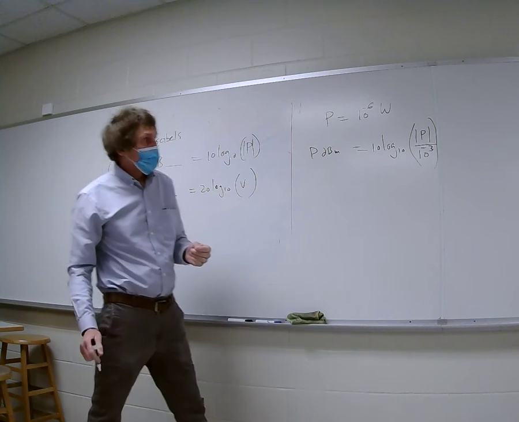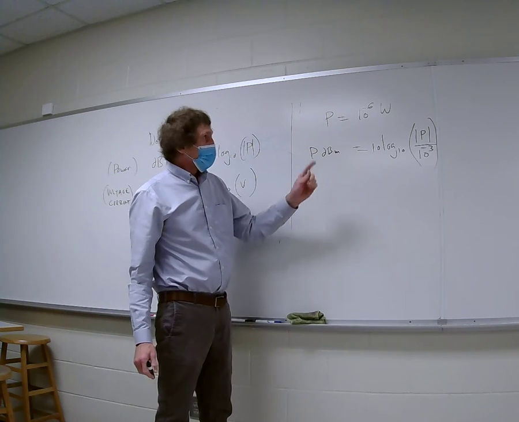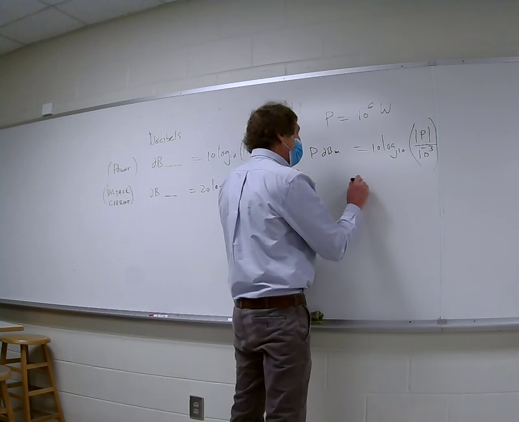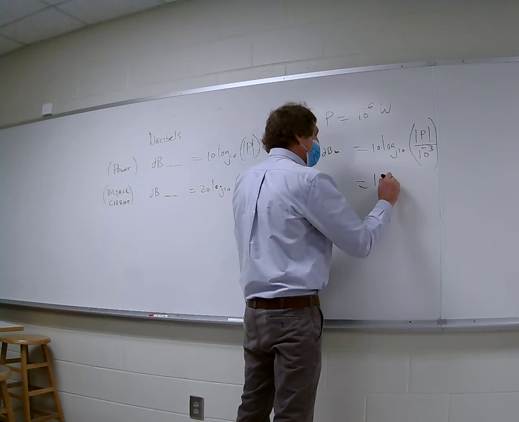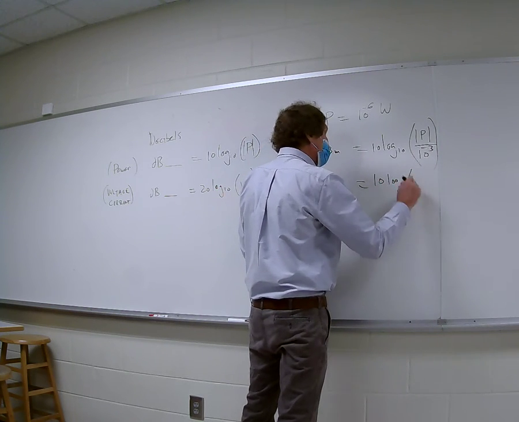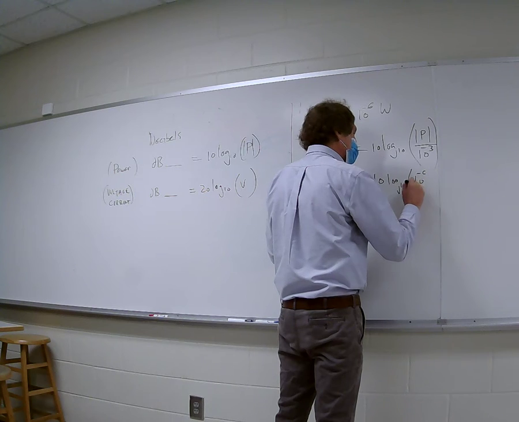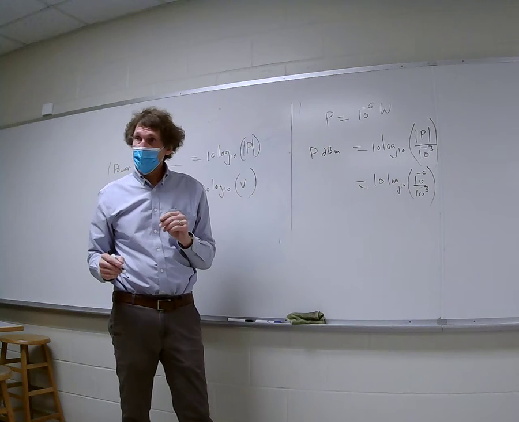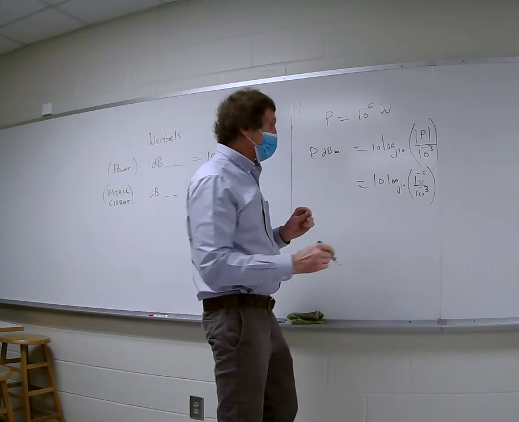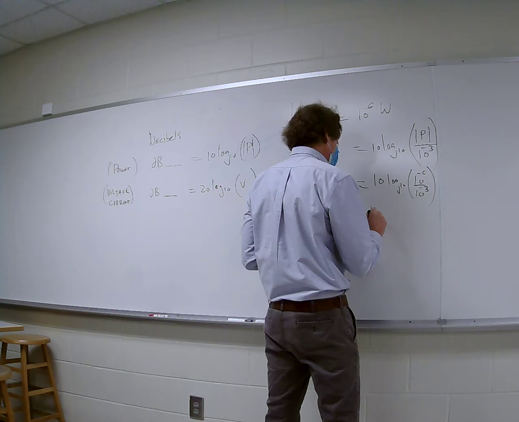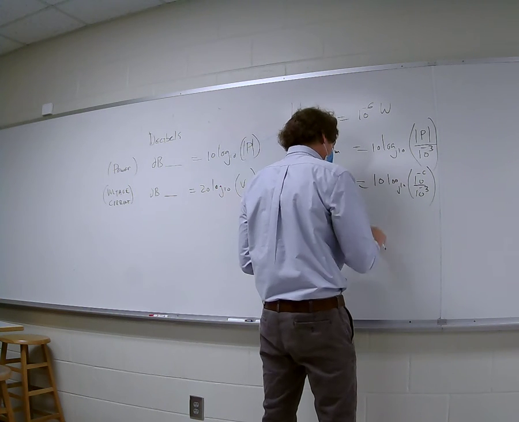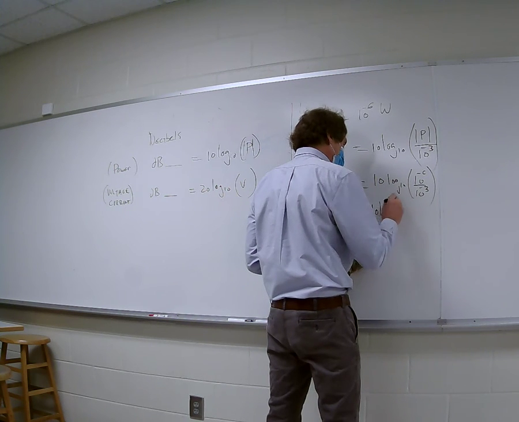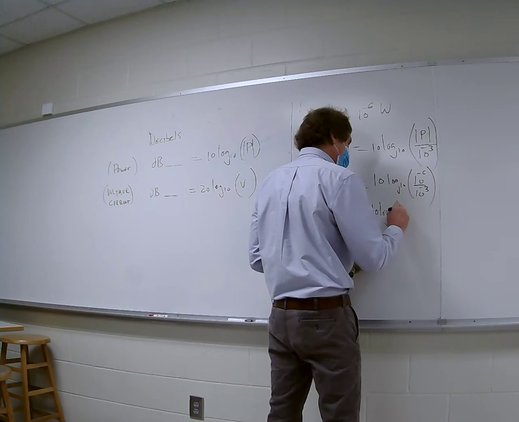Now if you look at this, just for a second, for this problem I gave you, that would be 10 log base 10 of 10 to the minus 6 over 10 to the minus 3. Agreed? That's equal to 10 times the log base 10 of 10 to the minus 3, right?